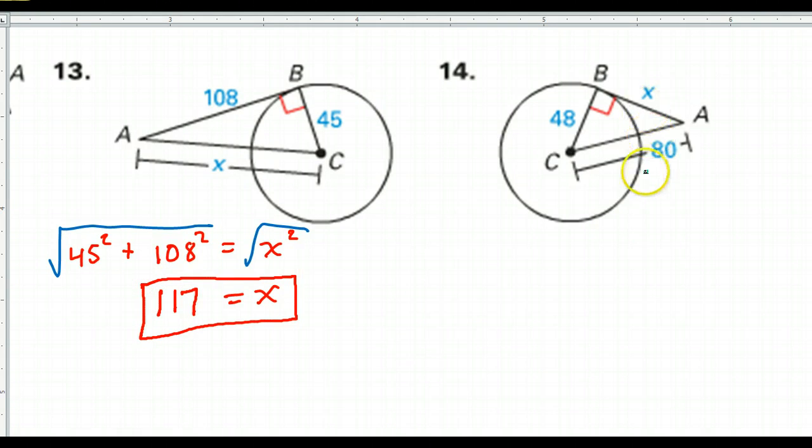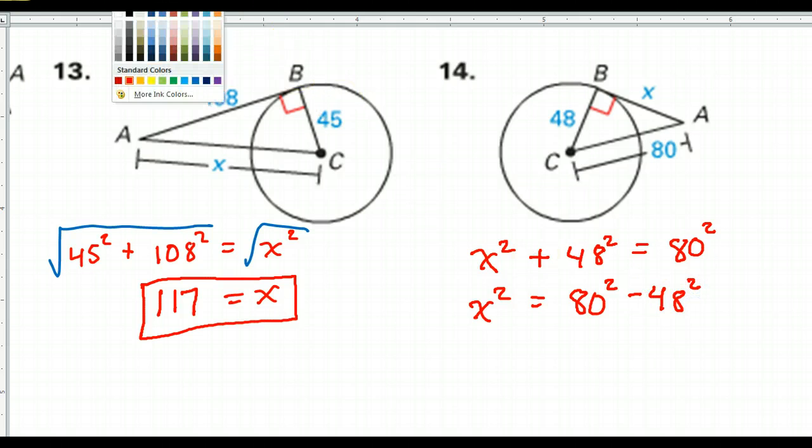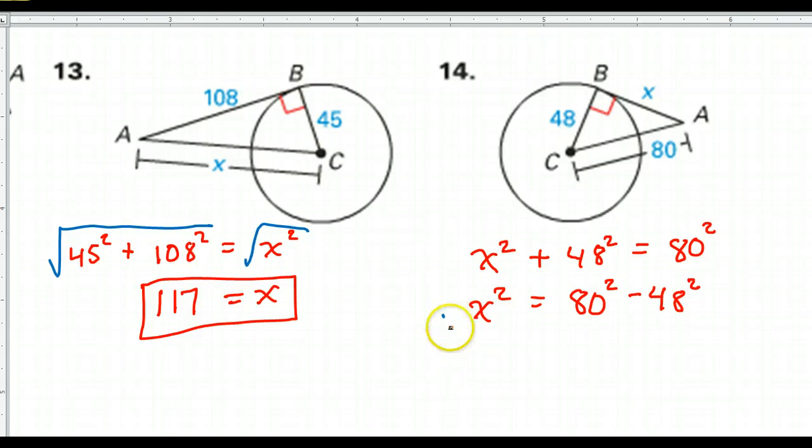So you know what? This stuff is pretty straightforward. So once again, leg squared plus leg squared is equal to hypotenuse squared. And once again, I'm going to subtract 48 squared from both sides. So that's going to give me x squared is equal to 80 squared minus 48 squared. And I will take the square root of both sides in this form.